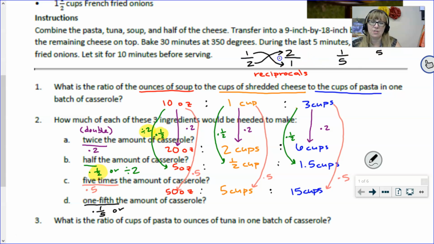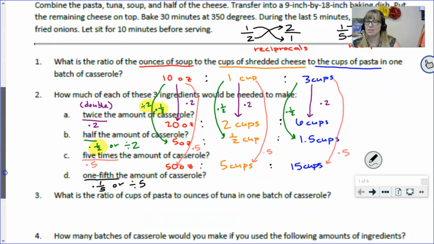Again, 5, just like 2, can be written as a fraction. That would be 5 wholes. And again, now that I've done that, we can see that relationship of these reciprocals. And so we can say multiply by 1/5 or divide by 5.